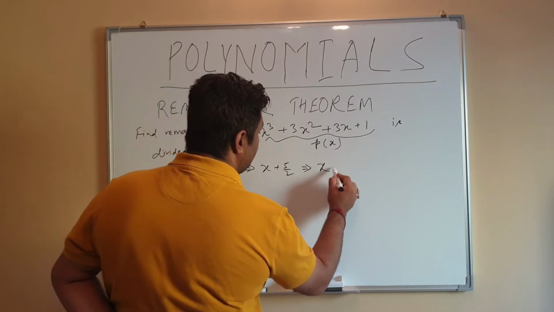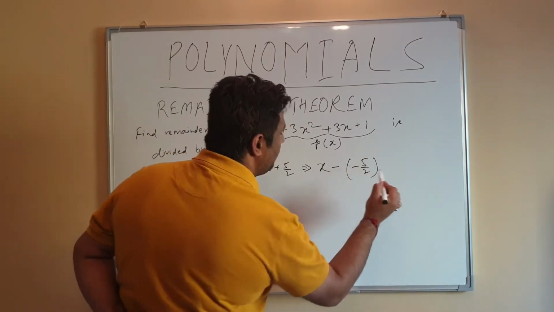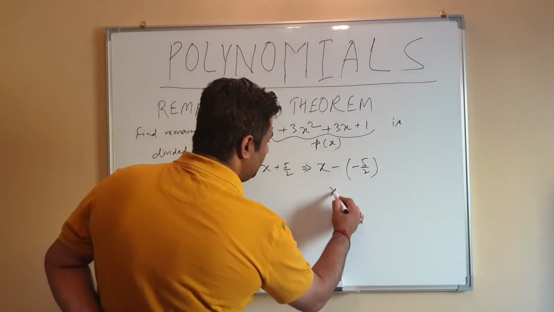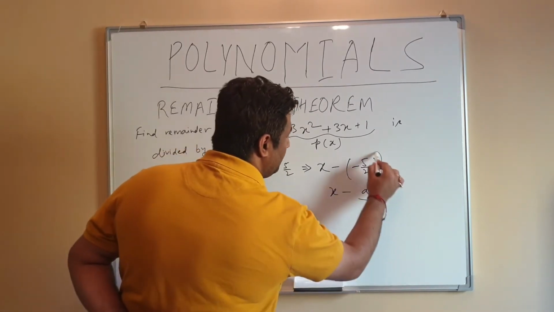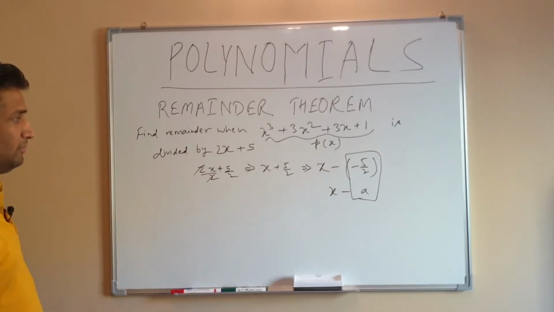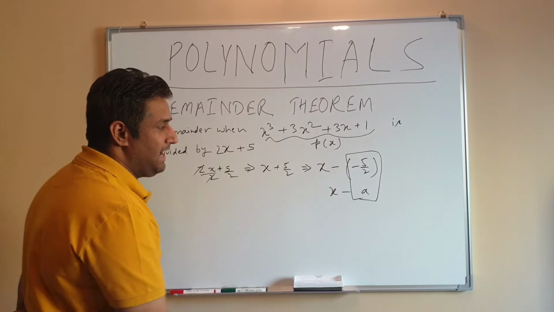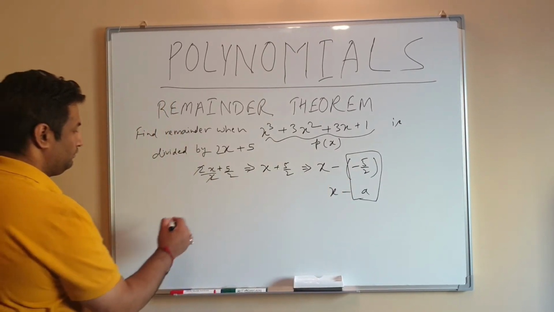Can we write it as x minus negative 5 over 2, correct? Now if you compare it with x minus a, your a is going to be negative 5 over 2. So basically we have to find the value of this particular polynomial at x equals negative 5 over 2.